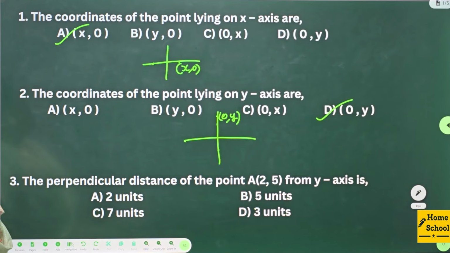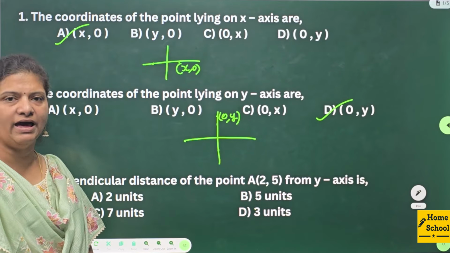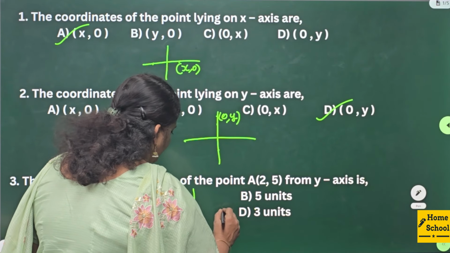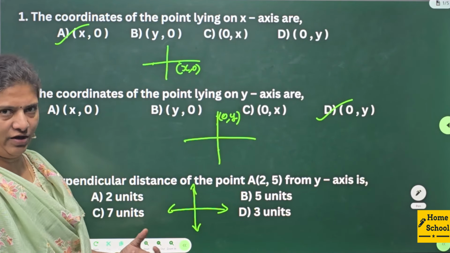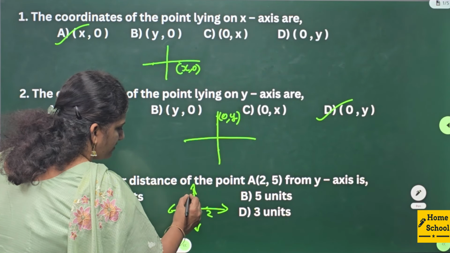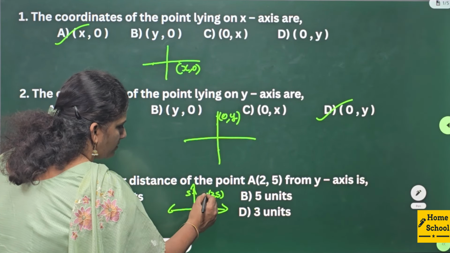Third one, the perpendicular distance of the point A (2, 5) from y-axis. Let me draw a Cartesian plane and mark the point 2, 5. First quadrant. Let us think this is 2 and this is 5. 2, 5 lies here at this point.